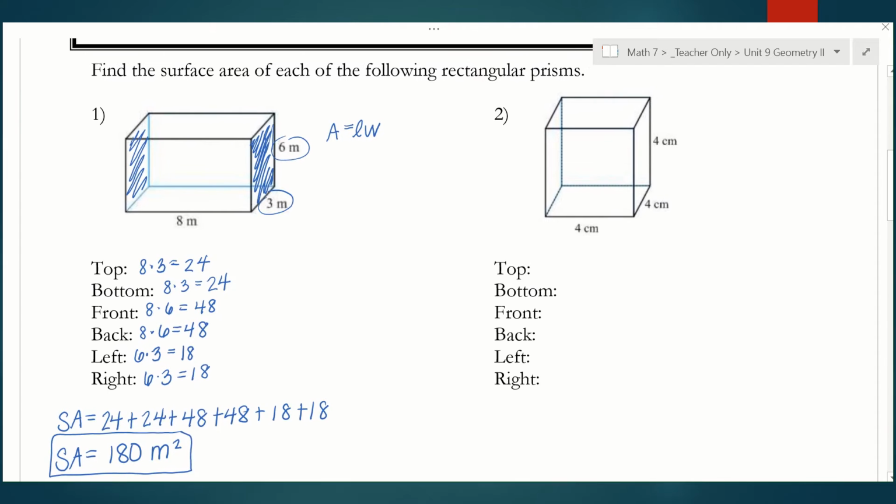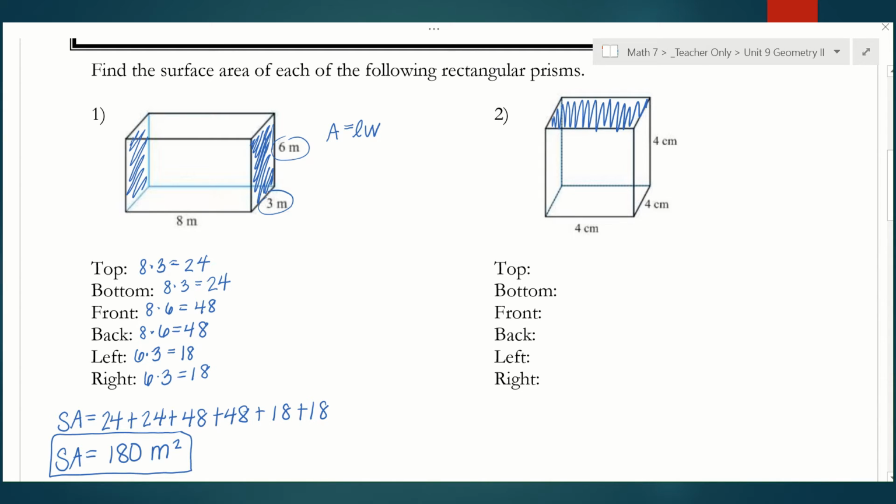All right, awesome. Now, you guys are going to love cubes because what do we know about cubes? We know all the faces are the same. All the faces are squares. So in this example here, we can see that every side has a length of 4. If I start with the top, which is right here, it's a square.